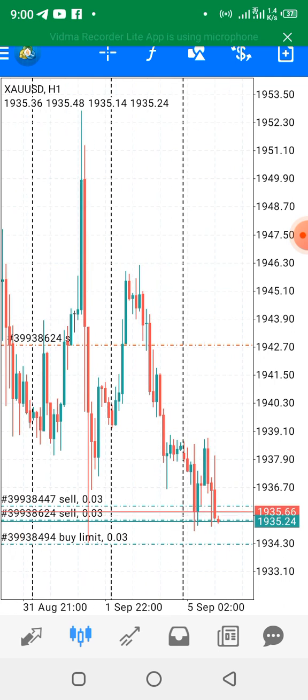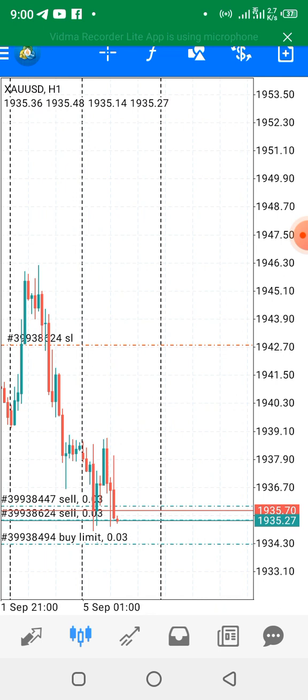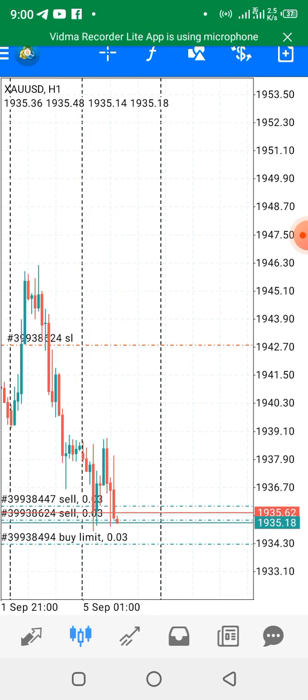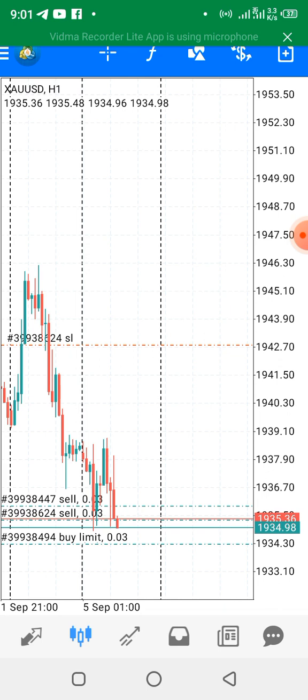So once price gets there, it closes the trade in loss. All right, so if it's a buy trade, your stop loss will be below your entry point, and then your take profit above, right? Then if it is a sell trade, your take profit would be below your entry point while your stop loss will be above.